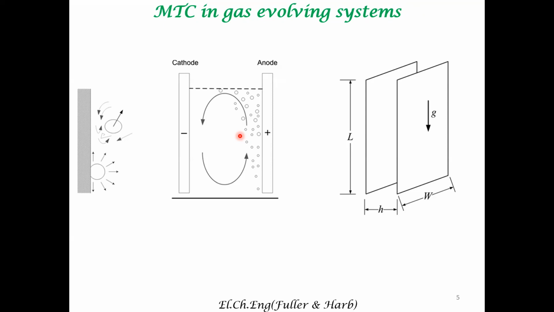So these are all of great industrial importance, and lots of correlations have been generated. I'm just mentioning one such correlation where the correlation is documented based on certain characteristic length scales that are present in the system. For example, this H is the distance between two electrodes, this is the length of the electrode, and so on.